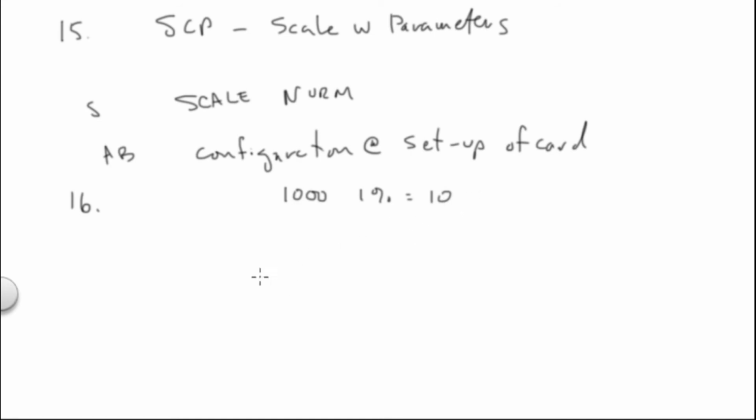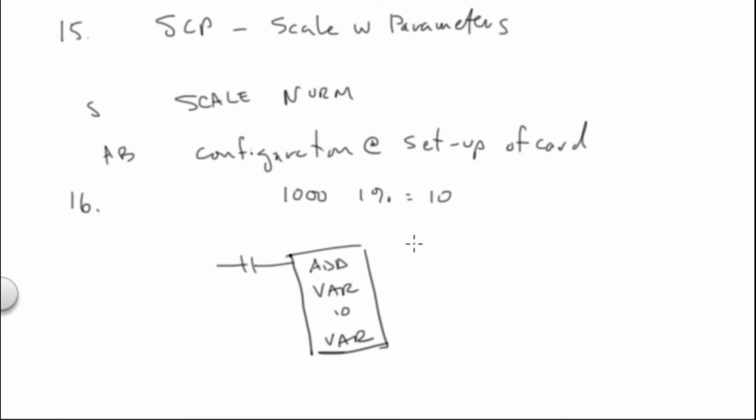Okay, so if I have a push button here and it says add 1% to a variable, I just add 10 back to itself. What do you have to be careful of?